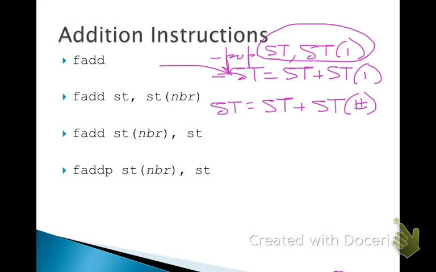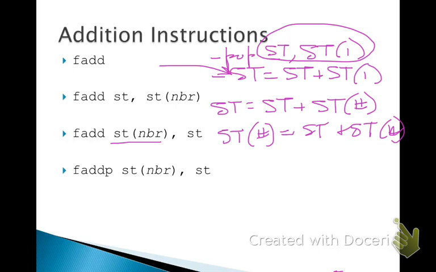I can also do the same thing, except again, I get a hint here. The order of operands has changed, which means where the result is going to get stored is the destination, or what we would think of as the destination.